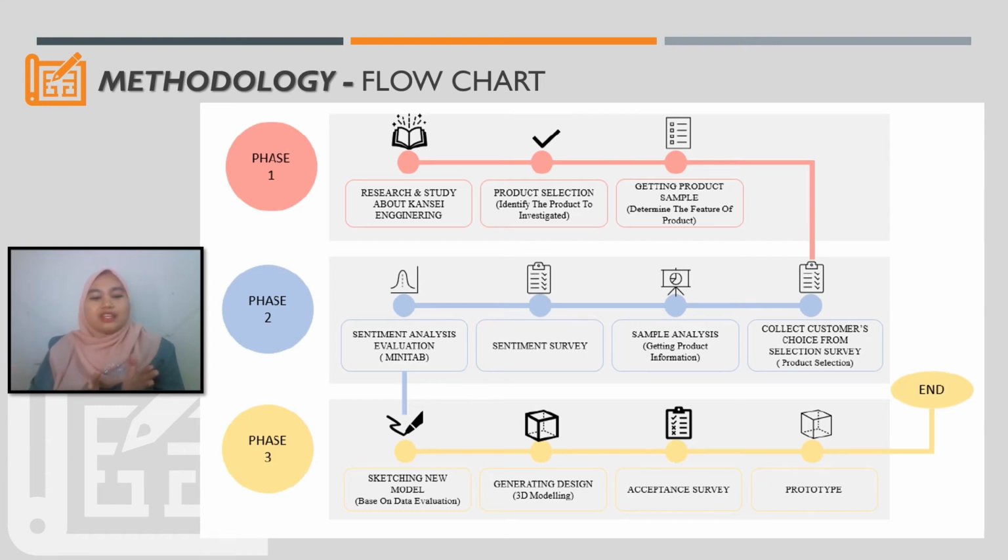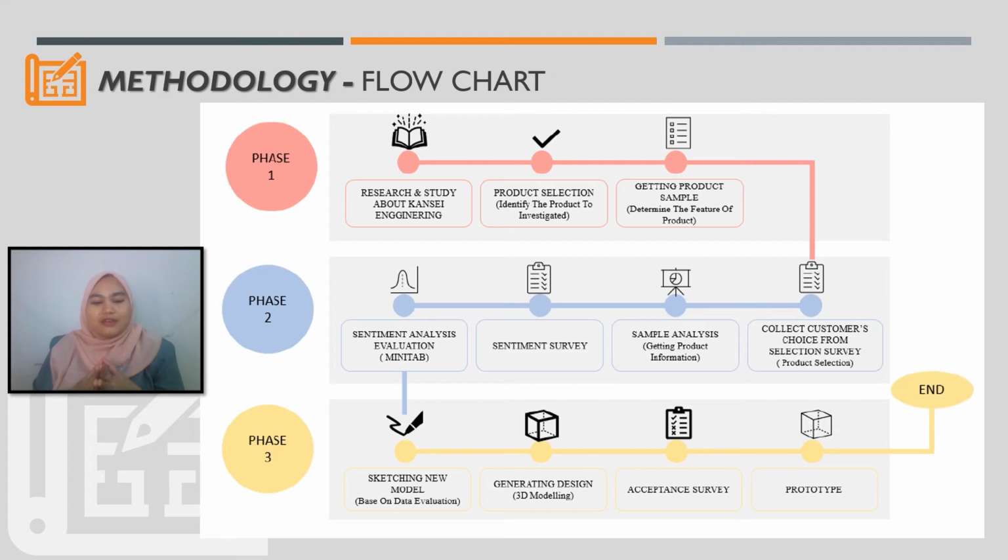After that, we do a sentiment analysis evaluation by using Minitab, and after we get the result from the second evaluation, we get into phase 3, which is the product development process.